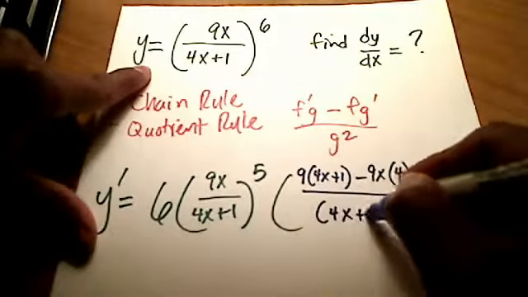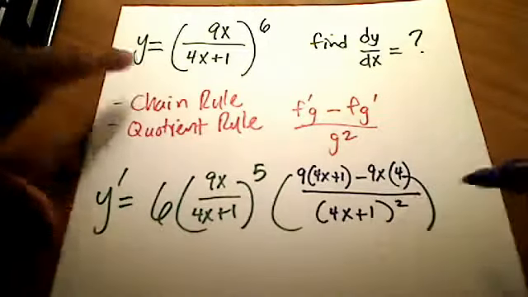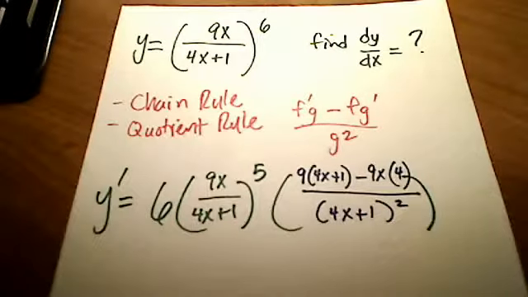I'll write it as 4x plus 1 quantity squared. I'm not going to actually FOIL that out. I'll just leave it like that.